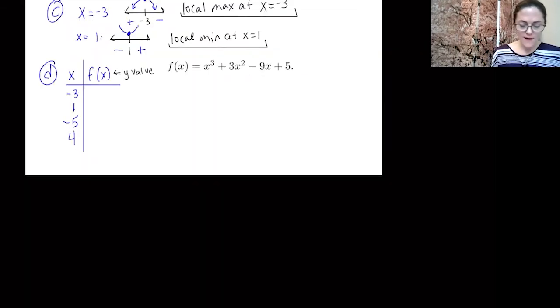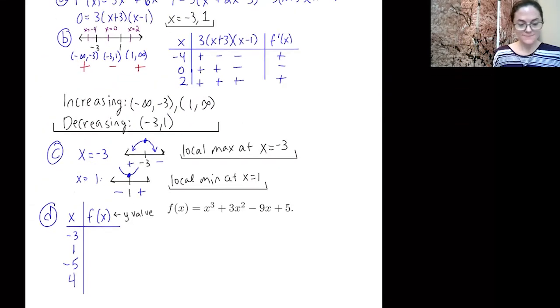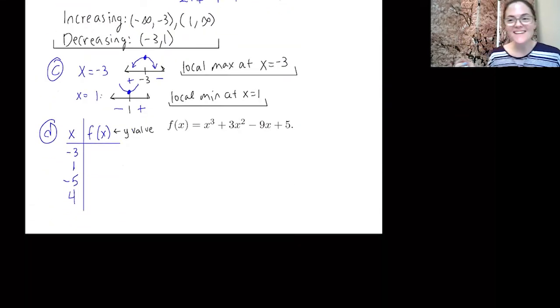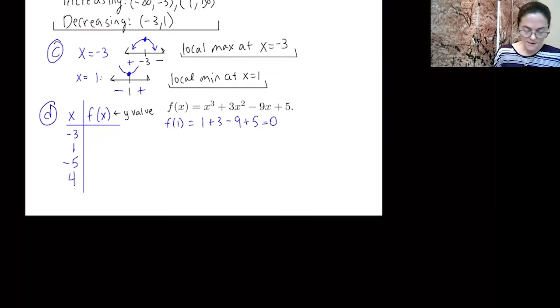All we need to do is evaluate the function at these 4 points, which is much easier with a calculator, but it's fine. We will make it through just doing it by hand. The easiest one is at 1. We get 1 plus 3 minus 9 plus 5. This is 9 minus 9. The function is 0. So I can write this here.